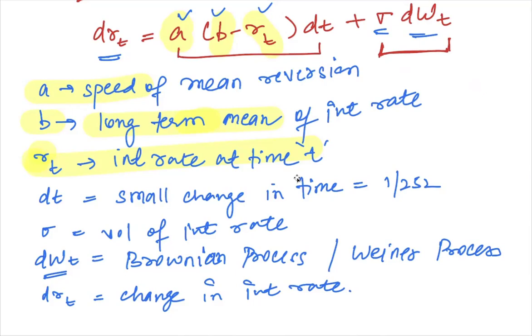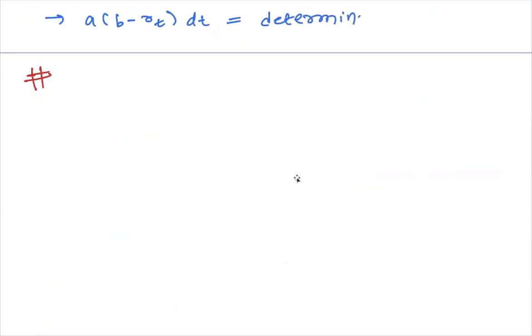Just to make you understand, A times (B minus RT) dt is the deterministic part of the Vasicek interest rate model, and this component, sigma dWt, is the stochastic part.